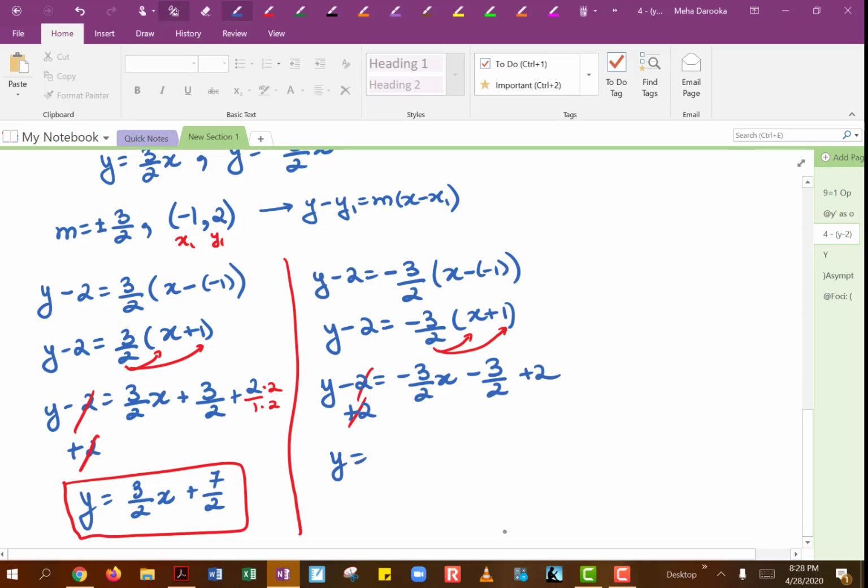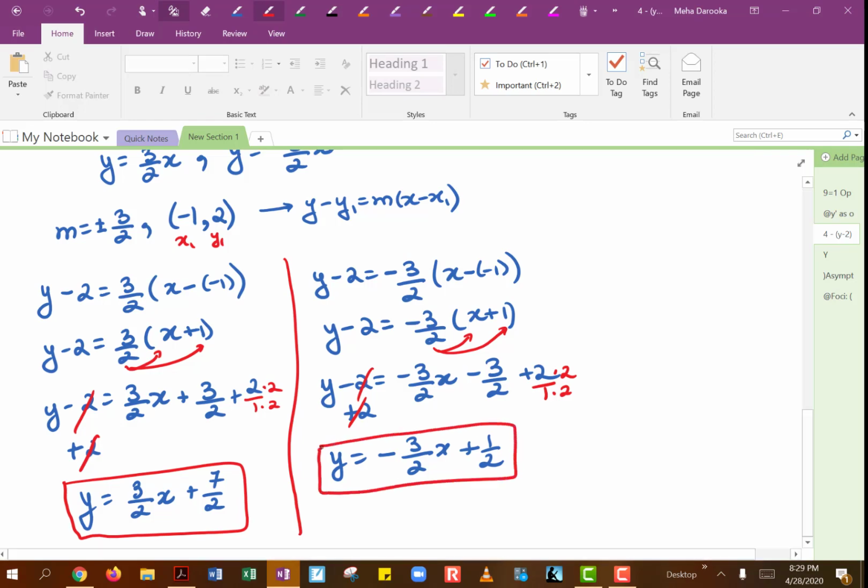Again common denominator, multiply by 2, and this time you're looking at y equals negative 3/2 x, and then minus 3 plus 4 will actually give us plus 1, and that will end up giving us plus 1/2 over here, and this will be our second equation for our oblique asymptote.